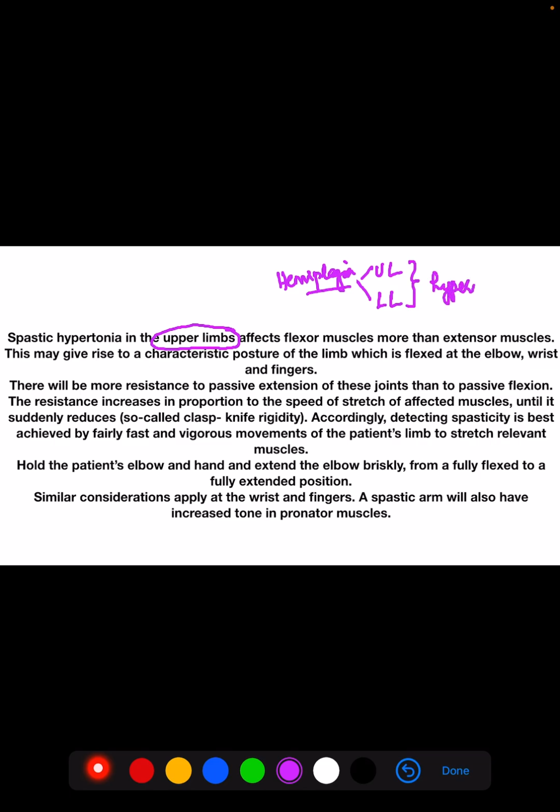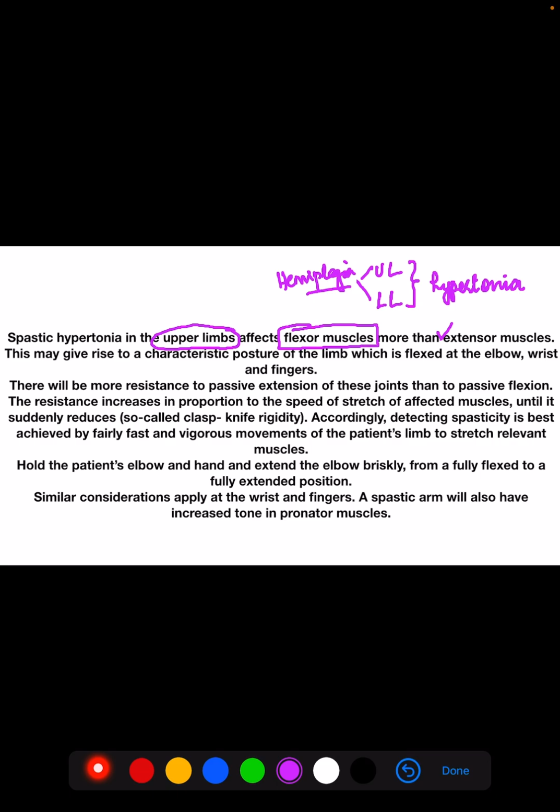So if we take the hypertonia in this corticospinal tract involvement or hemiplegia, in the upper limbs this hypertonia will be more in the flexor muscles than the extensor muscles. So in which muscles will hypertonia be more?